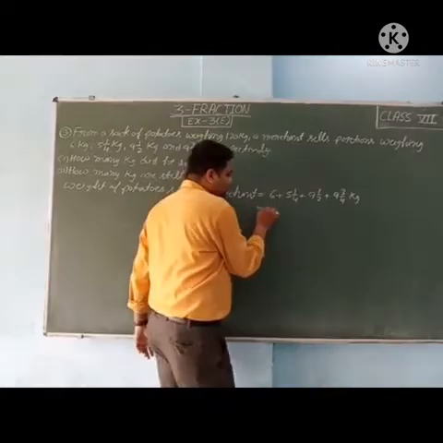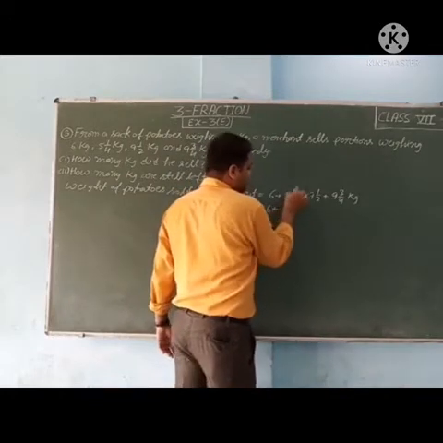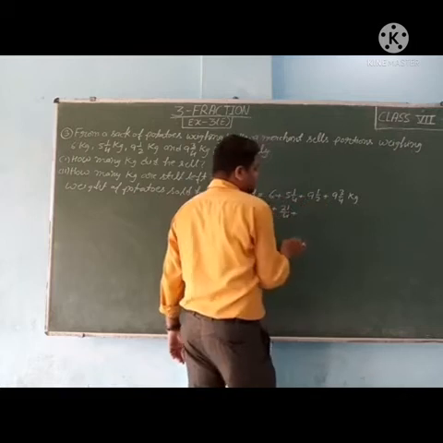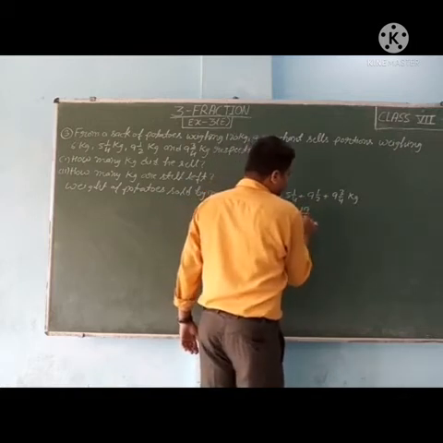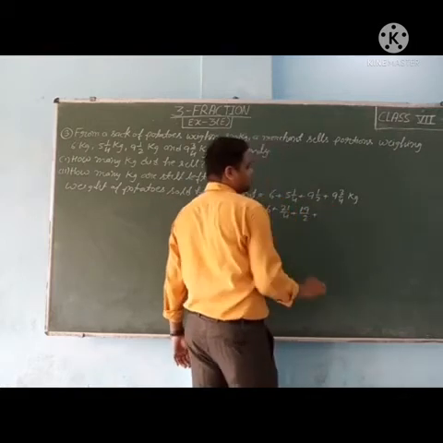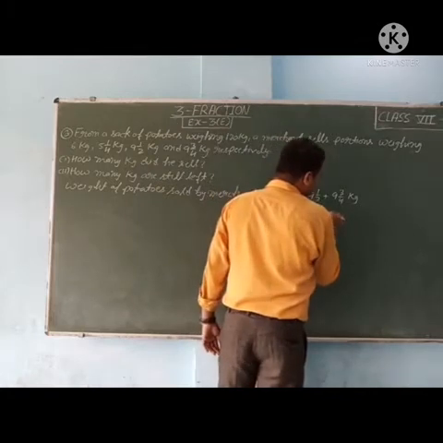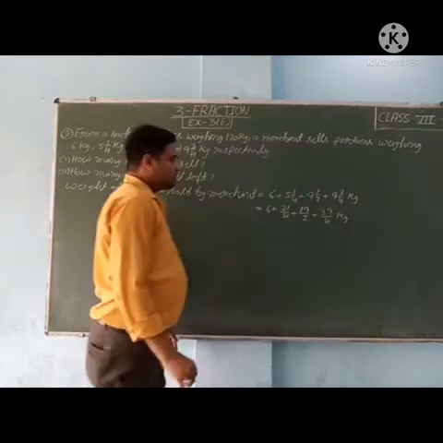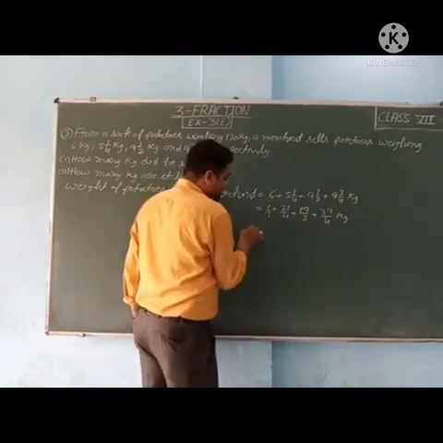So 6 plus 5 is 20 and 1, 21 upon 4, 9 twos are 18 and 1, 19 upon 2, 9 fours are 36 plus 3, 39 upon 4 kg. So now we will take the LCM.